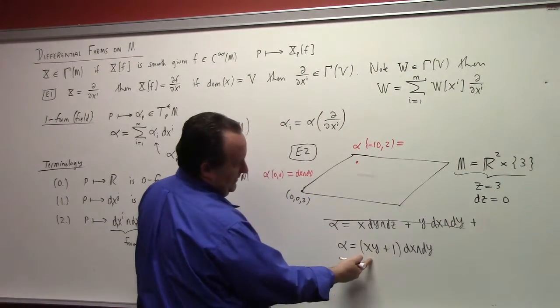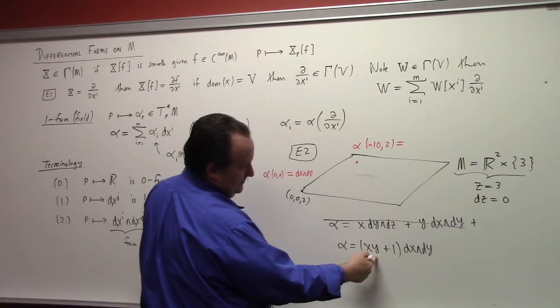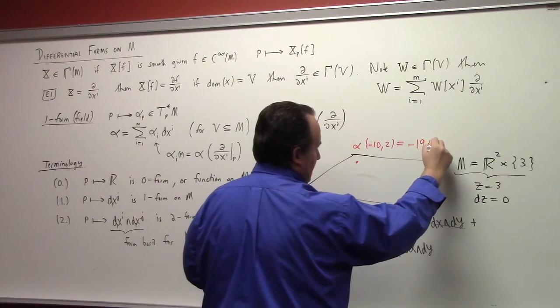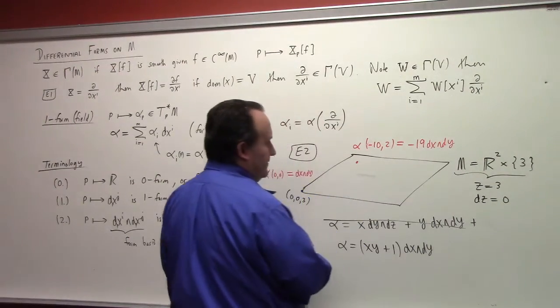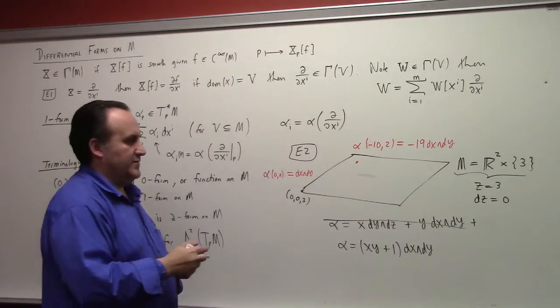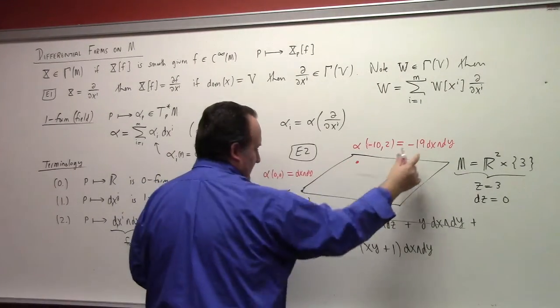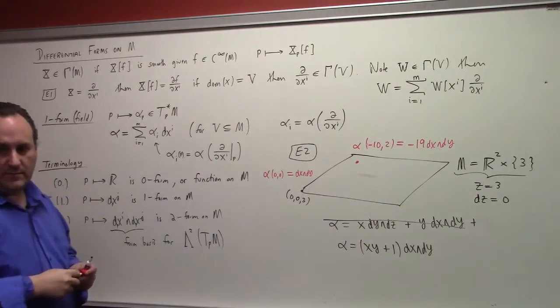I go down here, I've got minus 10 times 2, minus 20 plus 1, minus 19 dx wedge dy, right? And so depending on what point I'm at, I'm assigning a different two form.